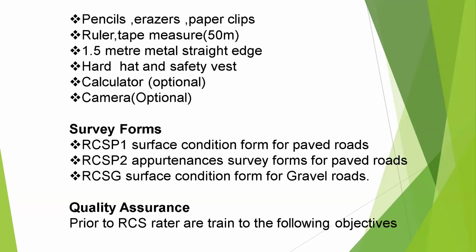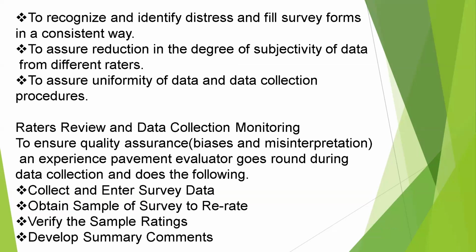Quality assurance is assured through the training of these raters to recognize distresses and fill them in a consistent way, also to reduce subjectivity and to assure uniformity in data collection. When they are doing this condition survey, an experienced rater will come from the head office and join them. Usually he will move from one region and join them, and he will resurvey some of the sections and give them feedback comments on these sections.